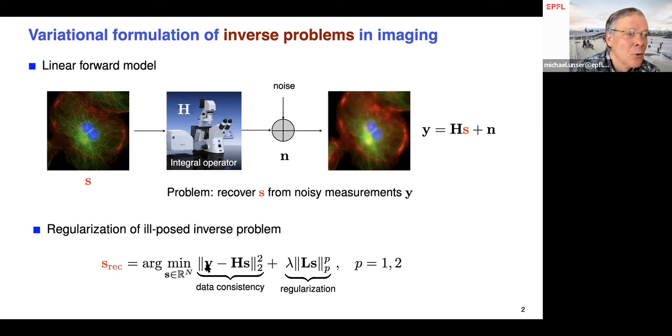You're trying to construct a solution that is close to the measurement, but often the problem is ill-posed. That's the reason why you put a regularization, a penalty on some norm of L s, for example, L being the gradient and p being 1 or 2. This is the classical framework, also for compressed sensing.